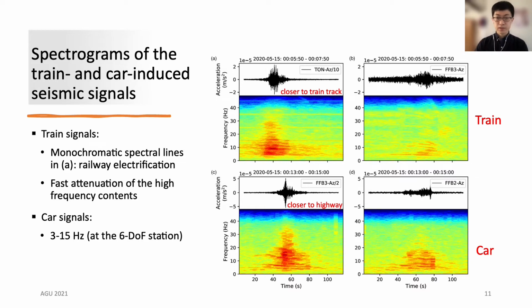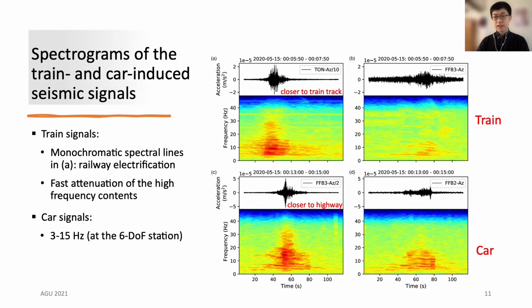The common features in the spectrograms shown in figures C and D imply that both signals result from the same sources. The absence of the higher frequency contents, especially above 20 Hz at station FFB2 compared to FFB3, is mainly due to the attenuation, similar to the trend of signals recorded at station FFB3.